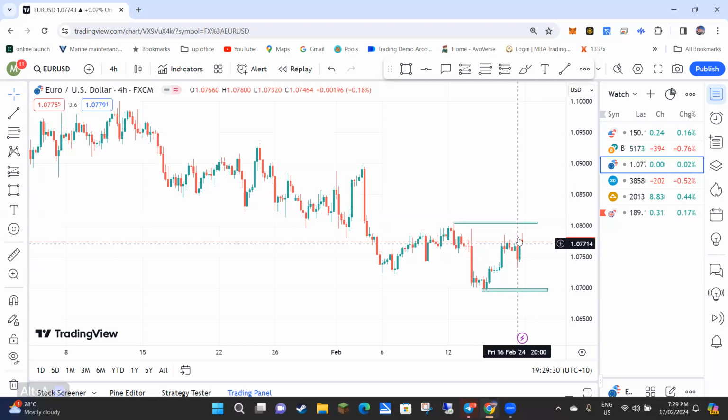So it might be a better idea to wait until it does turn and then look to do a sell order, because then you've got a lot further distance before it's likely to turn around again.